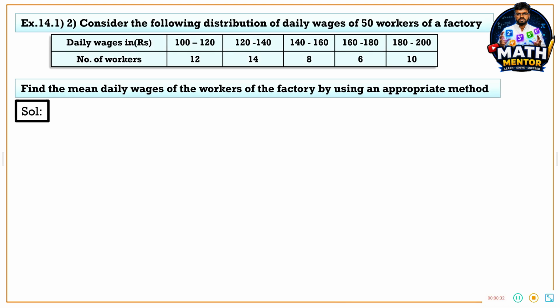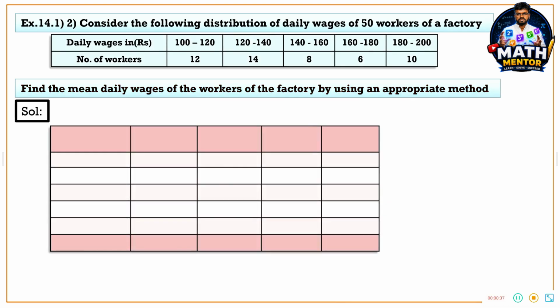In this we'll take the step deviation method. This will have 5 columns: first column is class interval, second frequency, that is fi, third column is class mark, that is xi, fourth column is ui is equal to xi minus a by h, and fi ui is the fifth column.